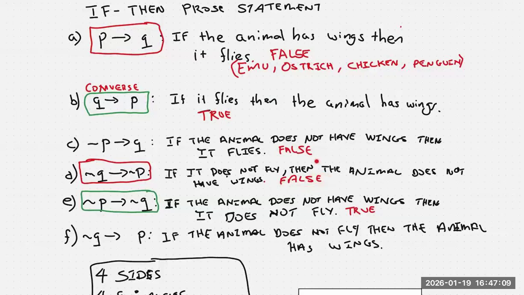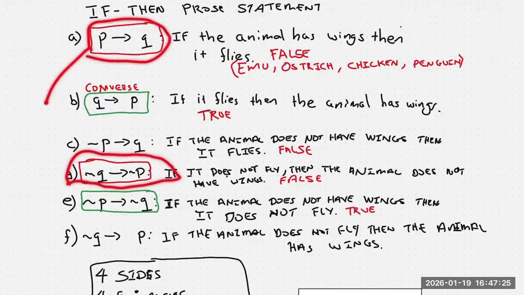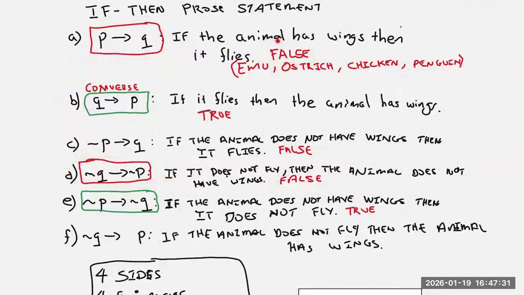As you can see, A was false. If you negate the P and the Q and turn them around, you get D. Both of them were false because they are contrapositives of each other. They have to be false alike or true alike.